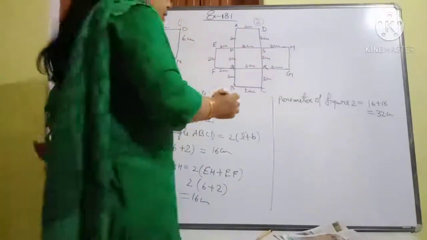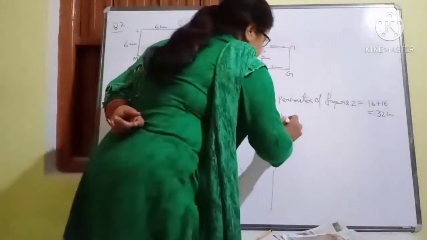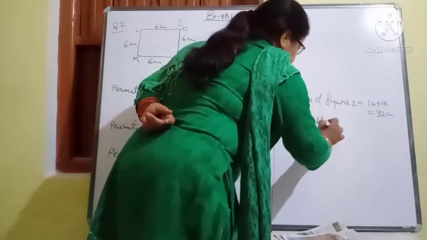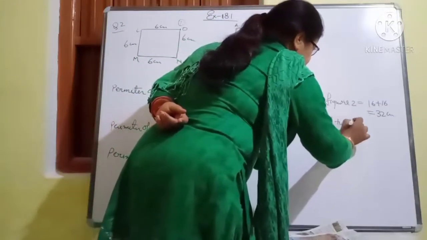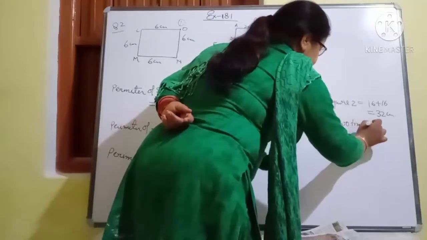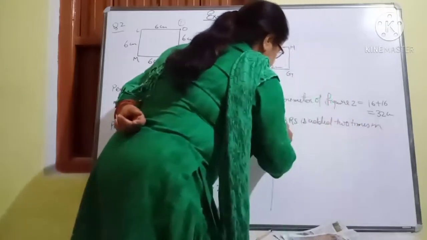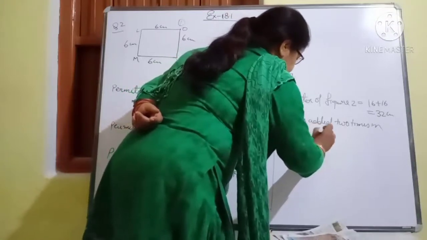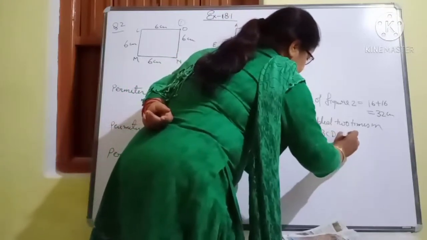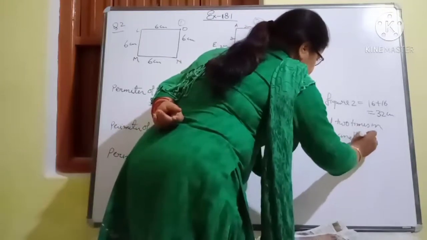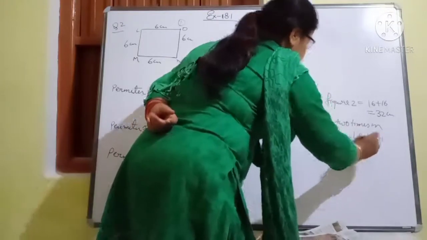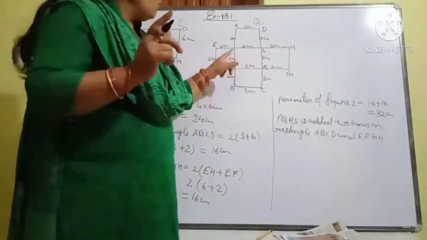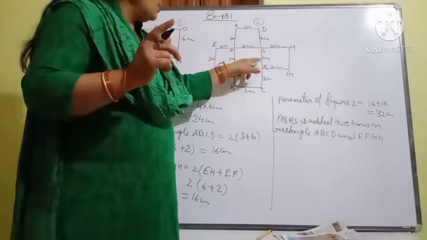So you can see that PQRS is added 2 times in rectangle, I am writing here, rectangle ABCD and EFGH. So it should be added only one time. Once it is a square PQRS.